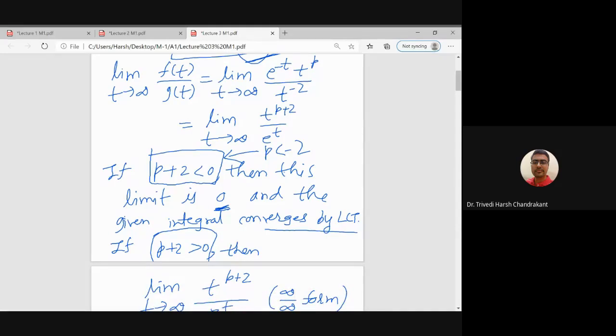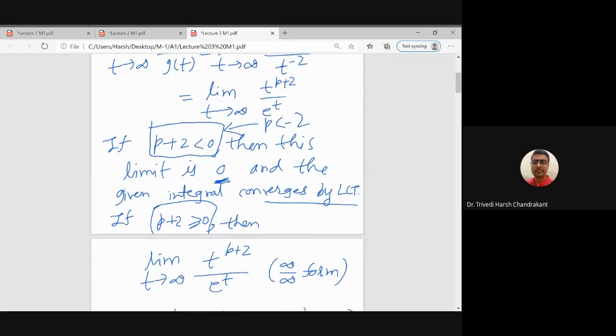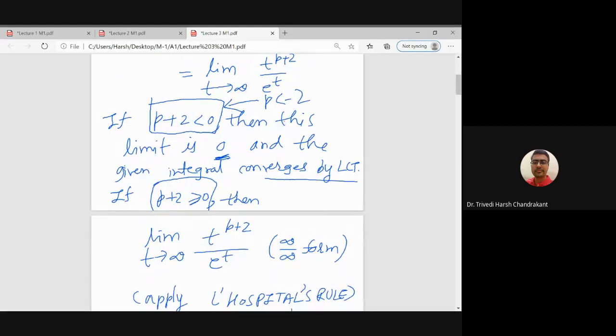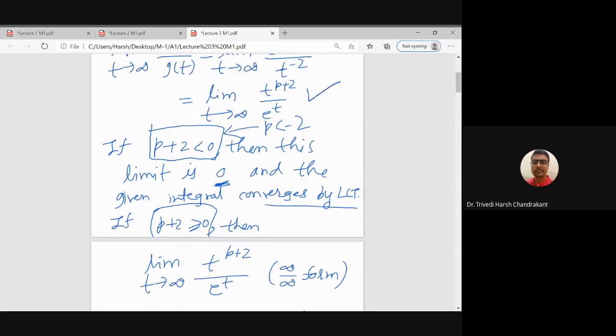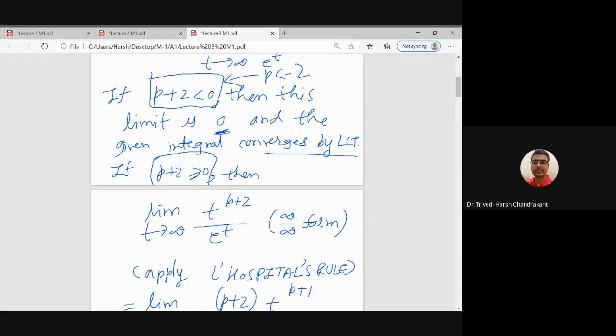The other case is when p plus 2 is greater than or equal to 0. In that case we go further, and this particular limit will be of the form infinity by infinity.